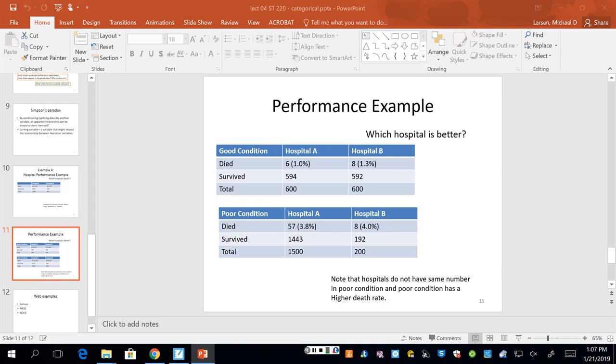If the population, unfortunately, with poverty often is associated with bad diets, cheap food, lower education, associated with more smoking and things like that. So if your population that your hospital's serving has that patient case mix, it's harder to keep everybody healthy and deal with it. And so Simpson's paradox kind of points to that you want to adjust for these other factors. Look at other things that might be related to try and help explain.